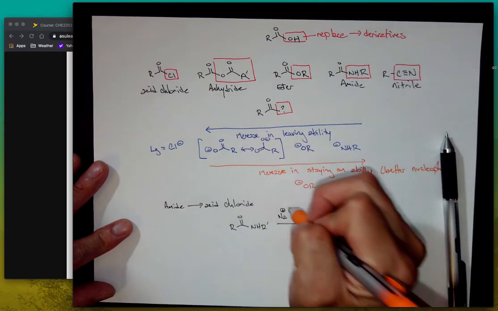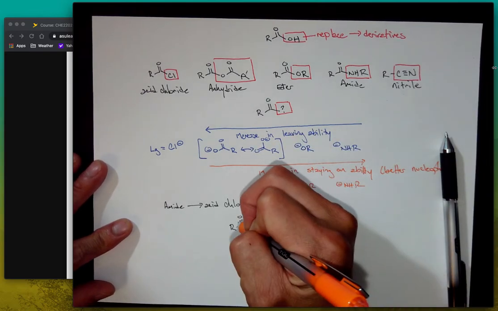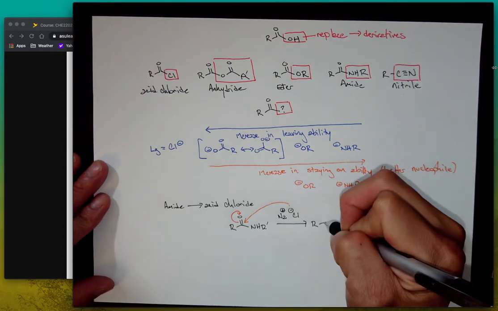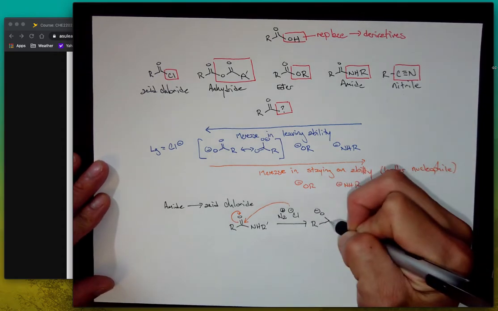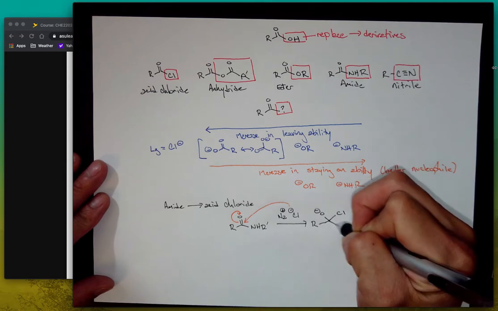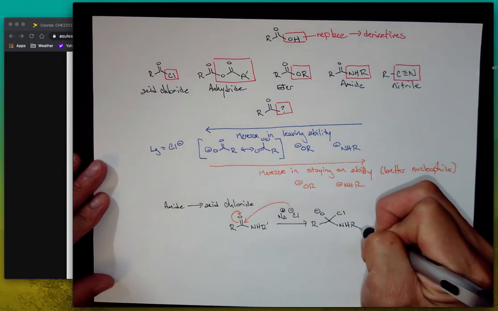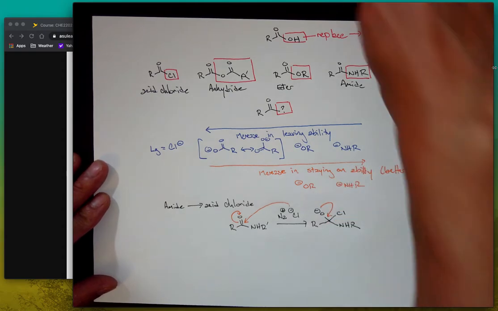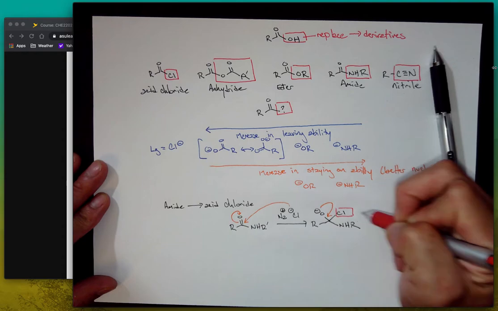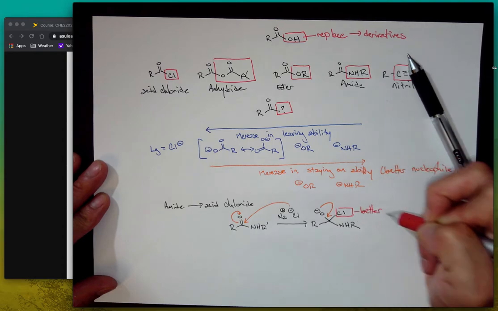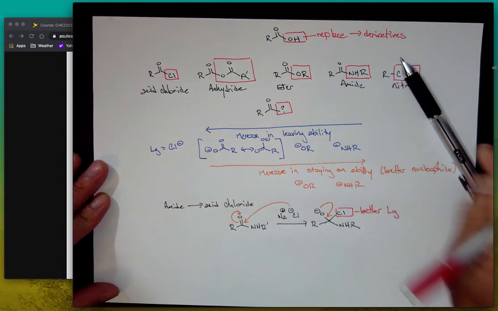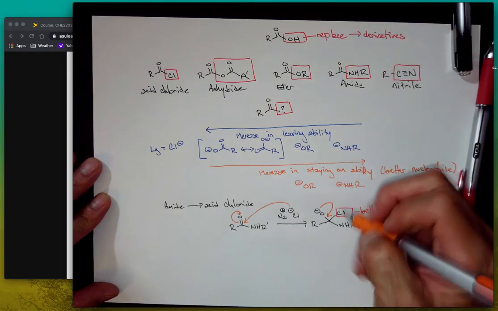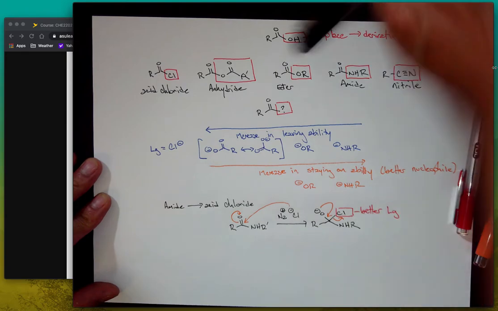Nucleophilic attack at this position, break of that bond, we would absolutely see this occur. And then once this carbonyl wants to reform, the chlorine is the better leaving group, and as a result, we would just displace the leaving group and get right back to where we started.